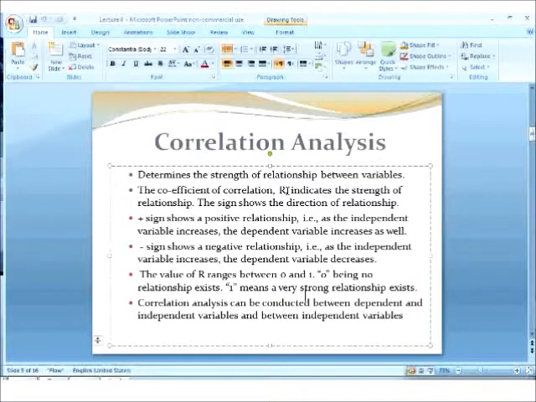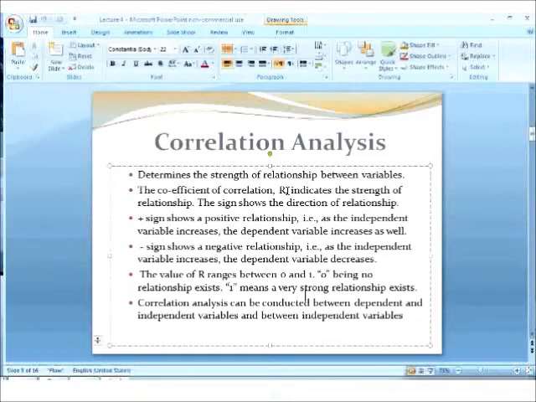It indicates the strength of relationship, and with each coefficient of correlation there is associated a sign, a positive sign or a negative sign. If a coefficient of correlation is positive between a dependent variable and an independent variable, then it means that there is a positive relationship between the two variables, which means when the independent variable increases, the dependent variable increases as well.